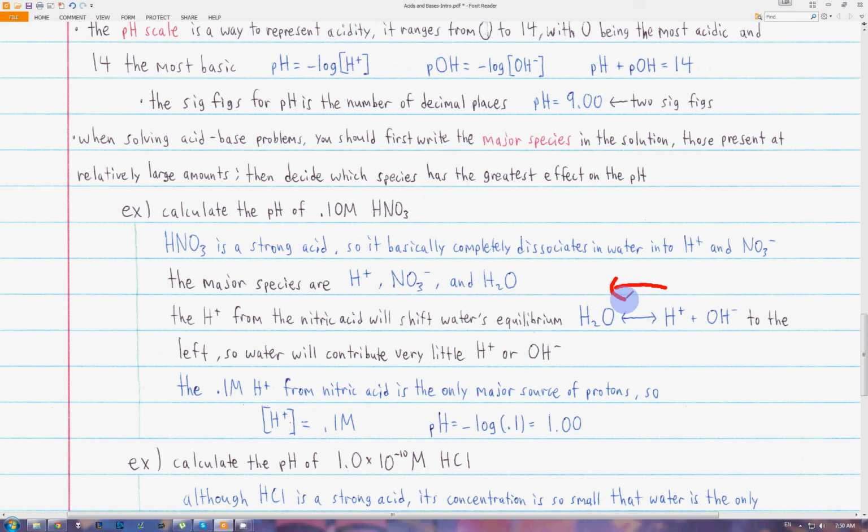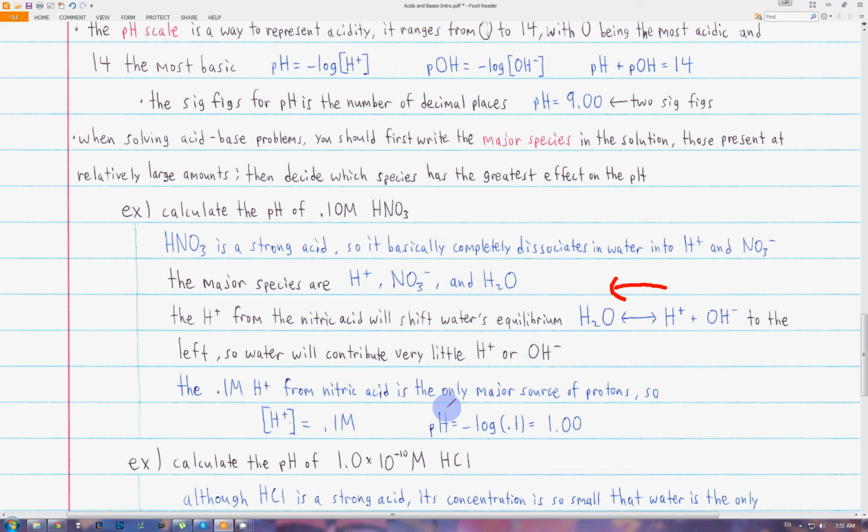So water will produce less hydroxide and less H plus due to the extra H plus given off by nitric acid. So we can assume that the nitric acid is the only main contributor to the pH. So the concentration of H plus in the solution is just 0.1 molar, because it all comes from the nitric acid basically.